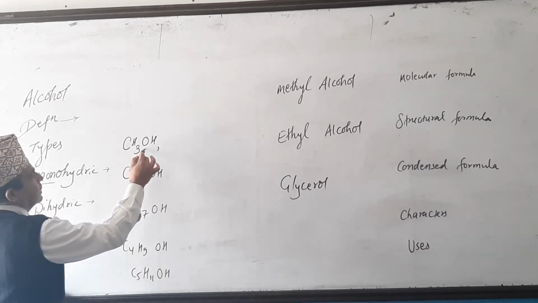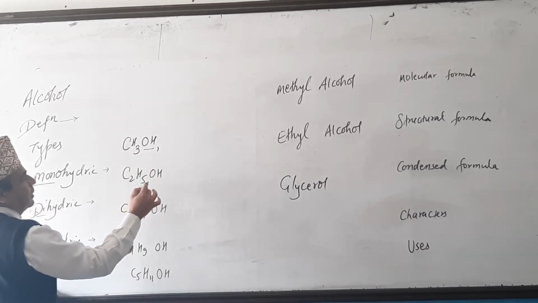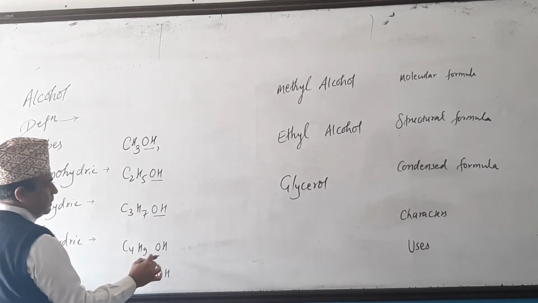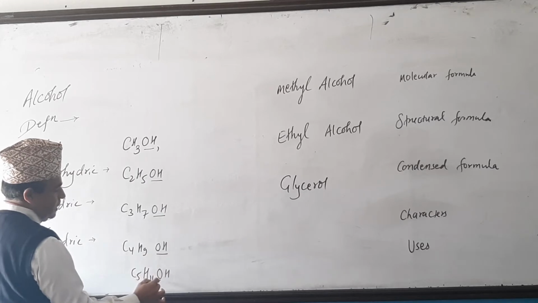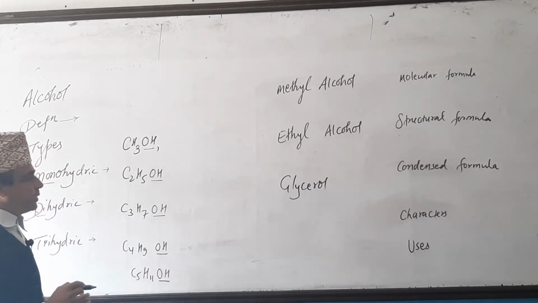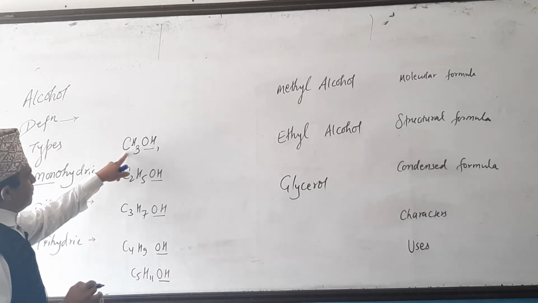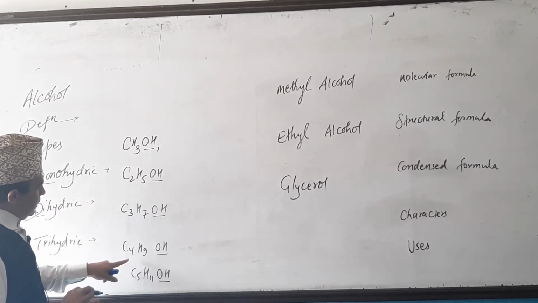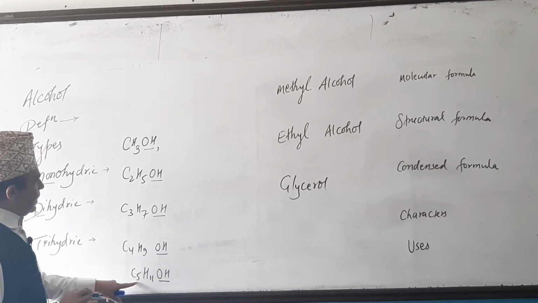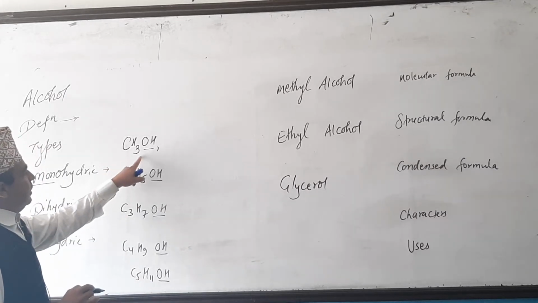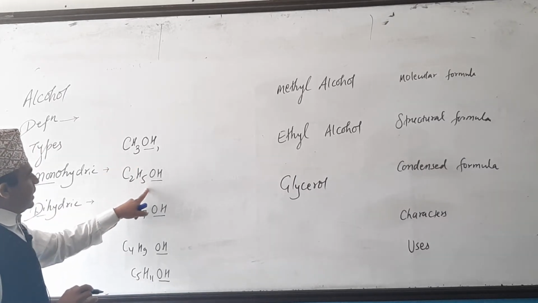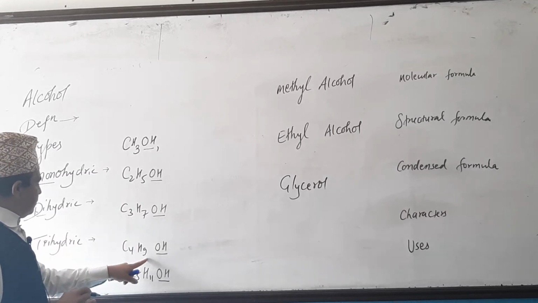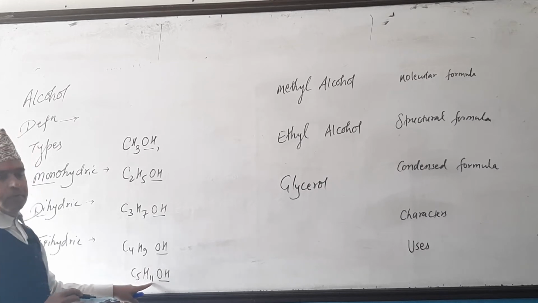You see, here is one OH group, here is one OH group, here is one OH group, here is one OH group, here is one OH group. So, methyl, ethyl, propyl, butyl, pentyl. CH3 is methyl, C2H5 ethyl, C3H7 propyl, C4H9 butyl, C5H11 pentyl.